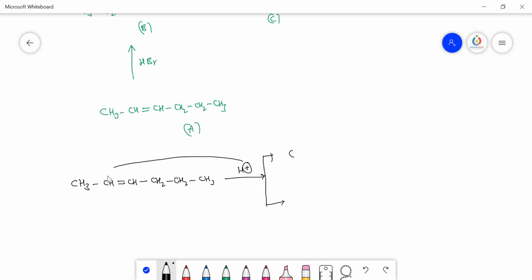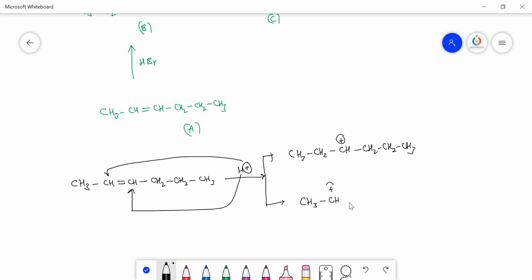H plus ion, if it is added to this particular carbon, I am writing the molecule here: CH2, CH plus, CH2, CH2, CH3. If H plus ion is added here, then positive charge will be created over this carbon atom.